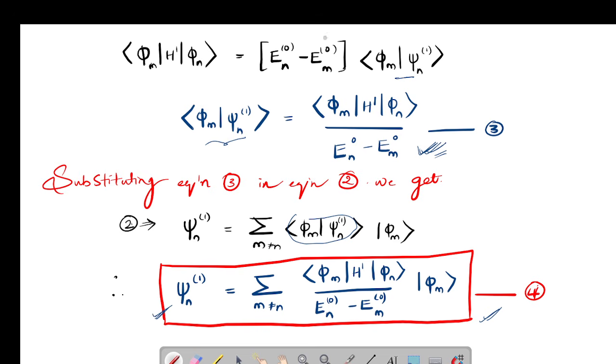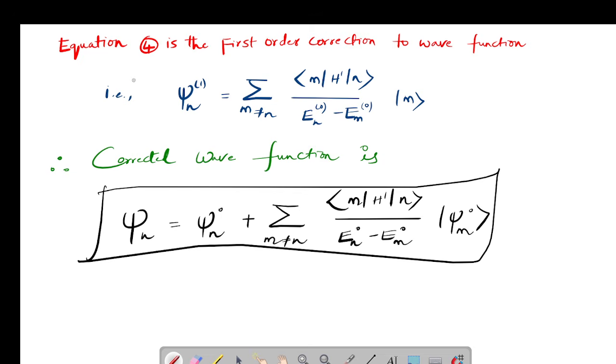So, we can write the first order correction to the wave function in terms of m and n like this: summation over m not equal to n, bra m H power 1 ket n, divided by E n naught minus E m naught, into ket m.